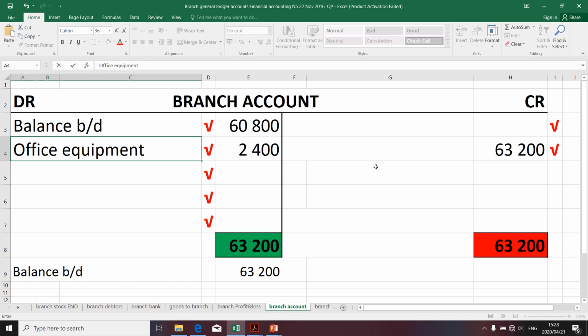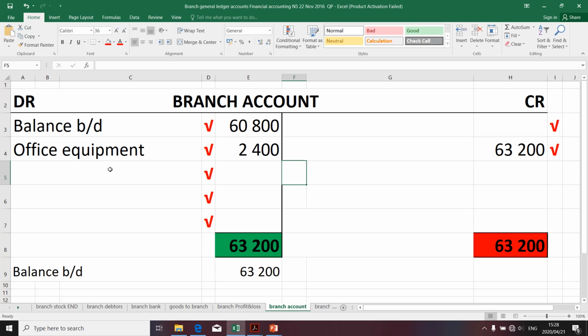Remember, in this case, the office equipment relating to the head office is decreasing because it's been disposed of or transferred to the branch. Therefore, if you go to the office equipment specifically relating to the head office, you'll see an amount of 2,400 being credited on the office equipment, and that indicates a decrease in the office equipment of the head office.